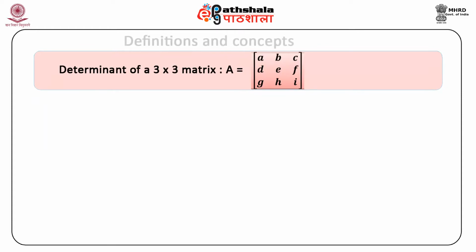Determinant of a 3 by 3 matrix. Let A be equal to [a, b, c; d, e, f; g, h, i].